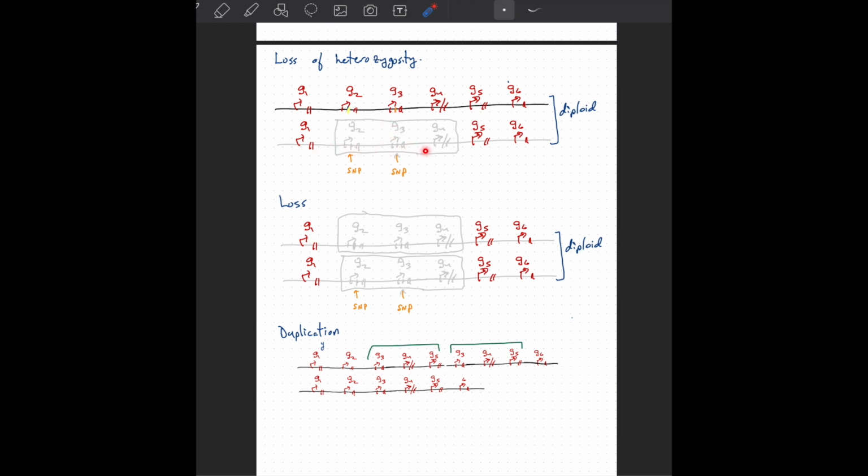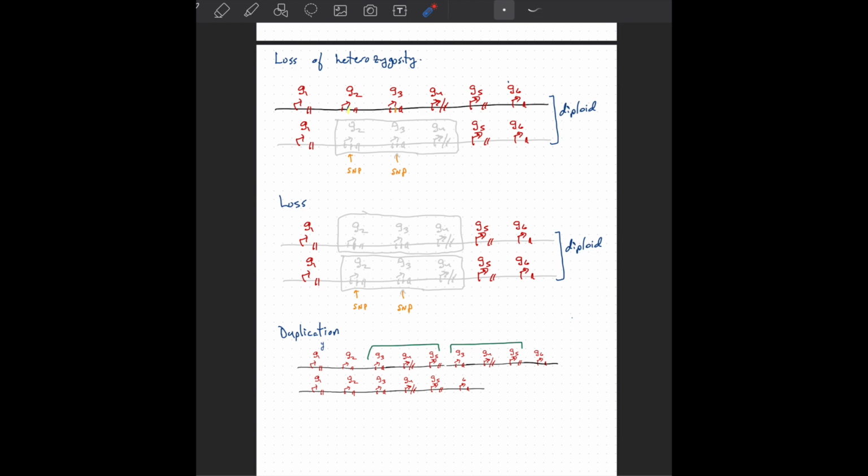If I lose that region through this loss, right, of those 3 genes, then basically this part of the chromosome will now be connected to this part. You'll still be diploid, but you'll have lost heterozygosity. So the difference between this allele and this allele at both this position and this position is now lost. Okay, so that's called a loss of heterozygosity.